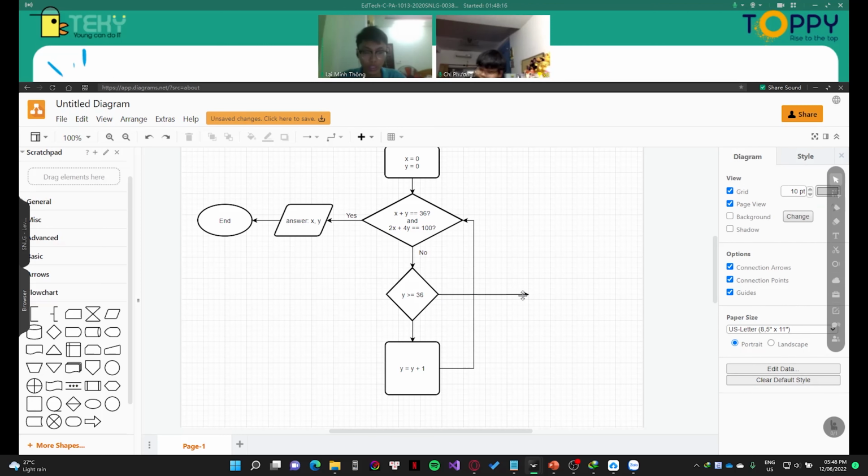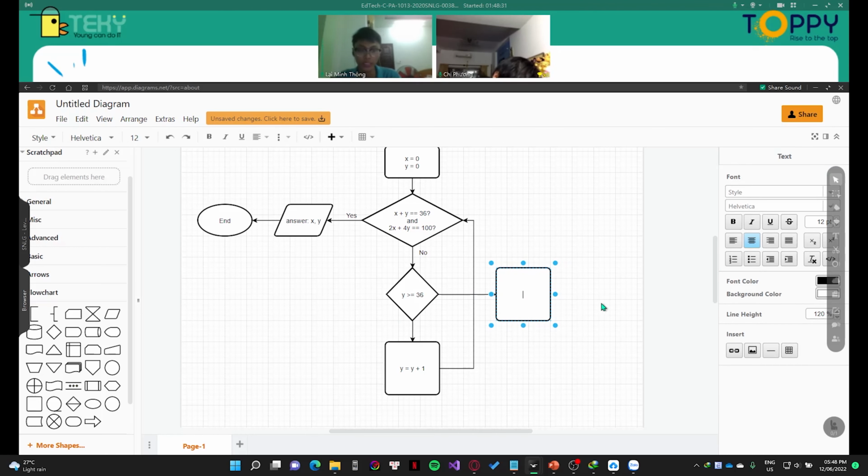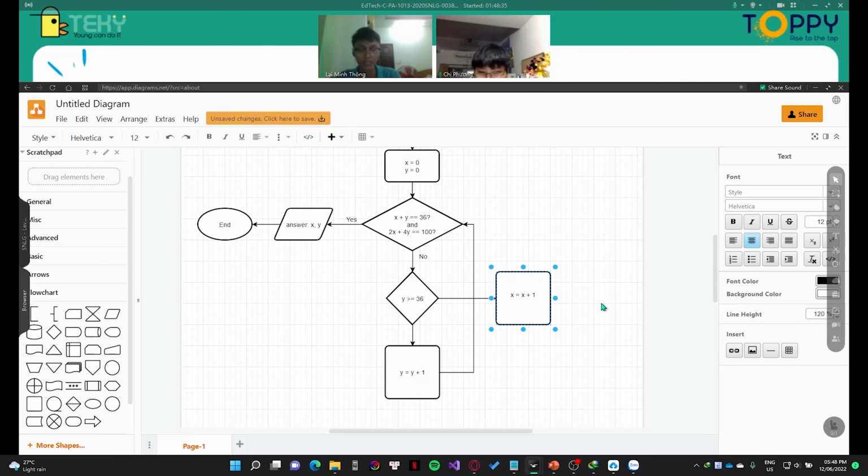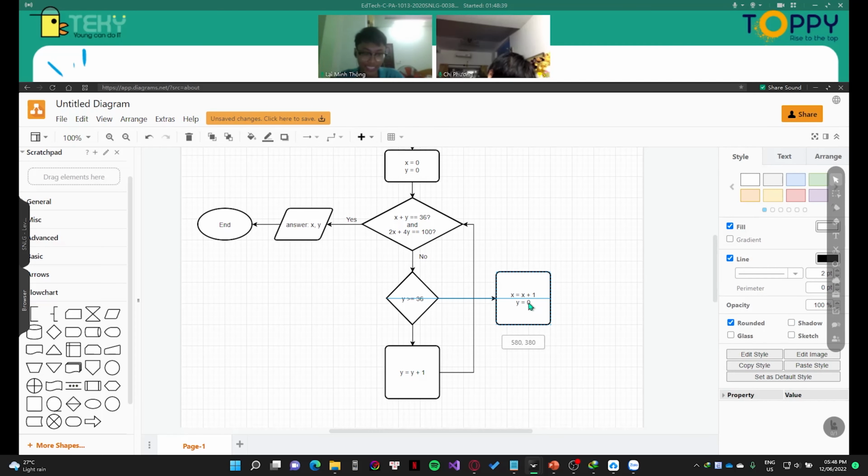So we need to handle whether the x is greater than 36. So if y is greater than 36, we need to increase the x, but we need to set the y back to 0, right?